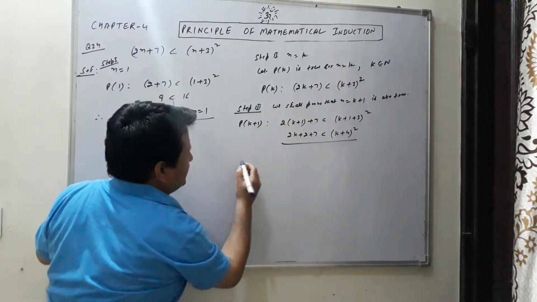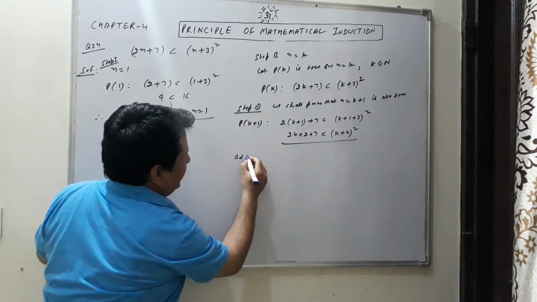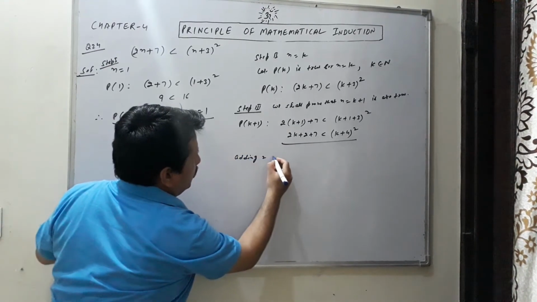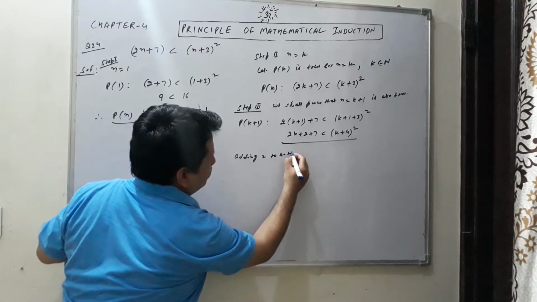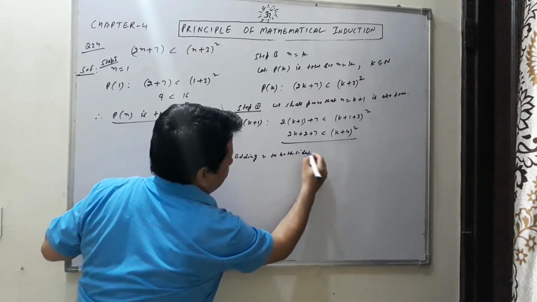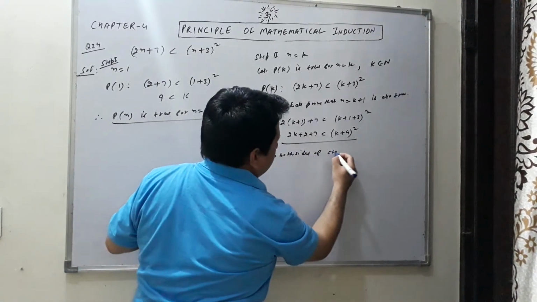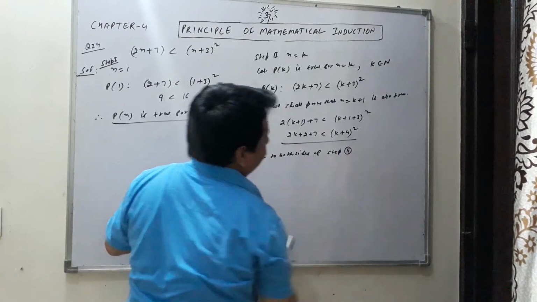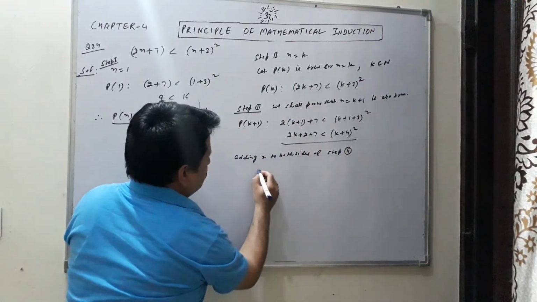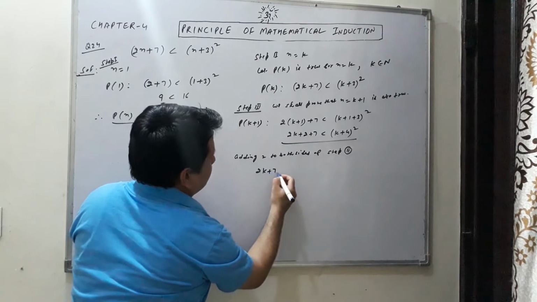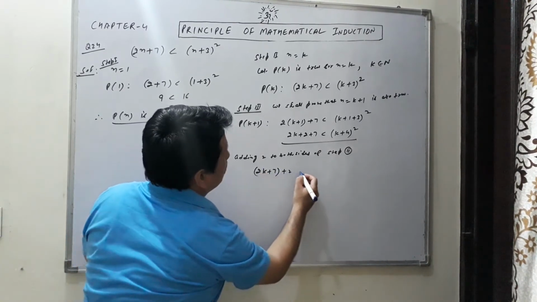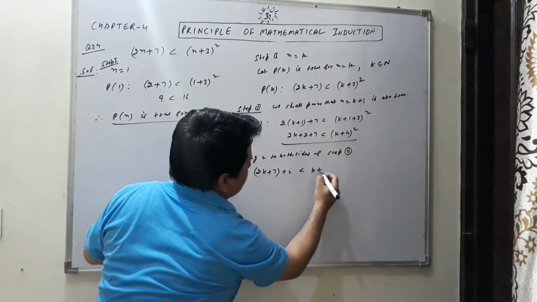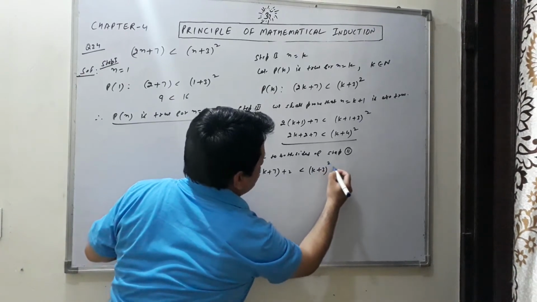We will say in step number 2, adding 2 to both sides of step number 2. So it's your step number 2, students. 2k plus 7 plus 2 is less than k plus 3 whole square plus 2.